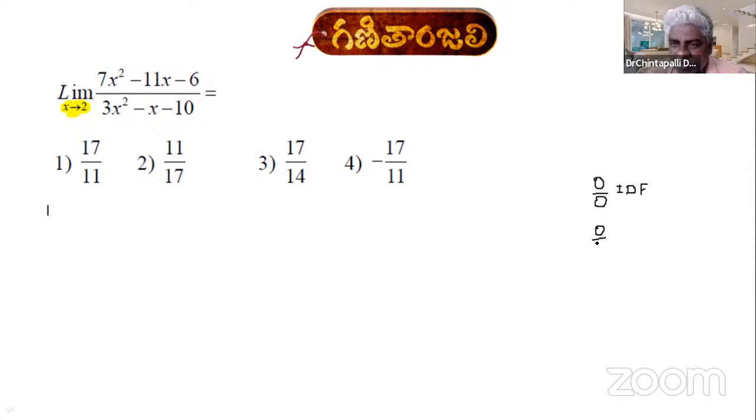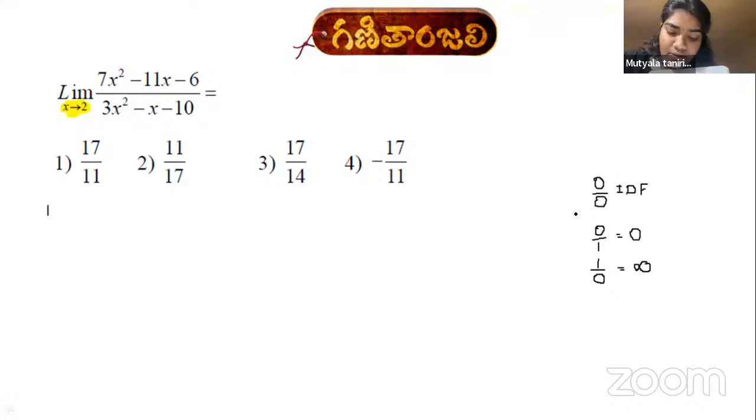But 0 by 1 is 0. So 0 by 1 is not indeterminate form. 1 by 0, or something by 0, is infinity. These 3 points are very important. We should get back whenever we get 0 by 0.